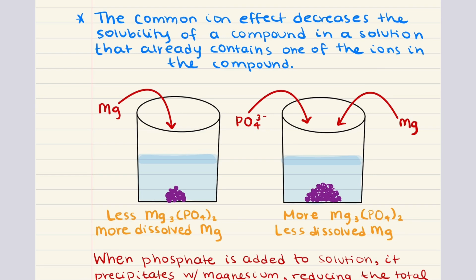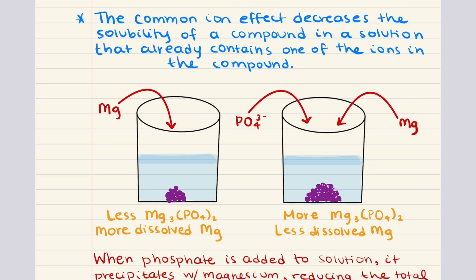Imagine we add magnesium chloride to this solution. Magnesium chloride is a strong electrolyte, so it dissociates completely and releases additional magnesium ions into the solution. As the concentration of magnesium ions increases, the system responds by shifting the equilibrium to the left, towards the formation of more solid magnesium phosphate.